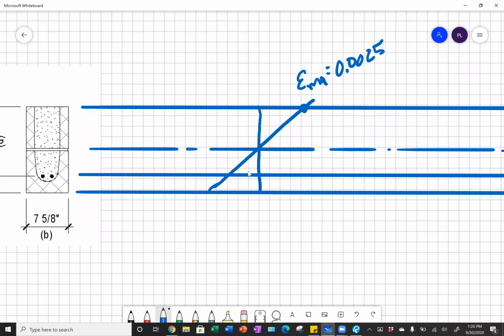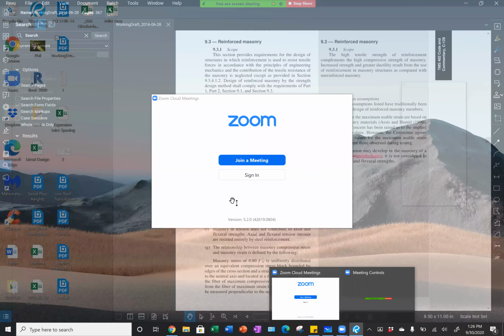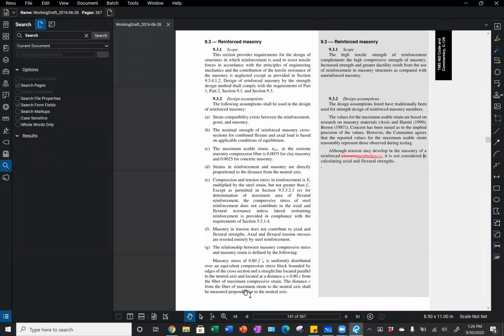And in concrete, similar to in masonry, we have a C dimension, which is the distance from our maximum compression strain to our neutral axis. And that tells us this down here, the distance C from the fiber of maximum strain to the neutral axis shall be measured perpendicular to our neutral axis.